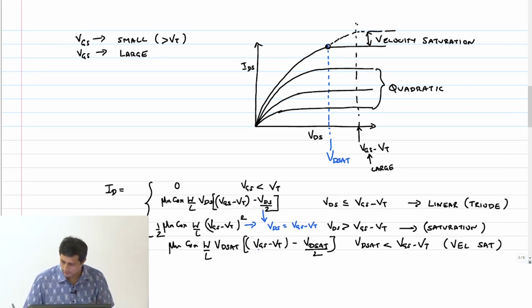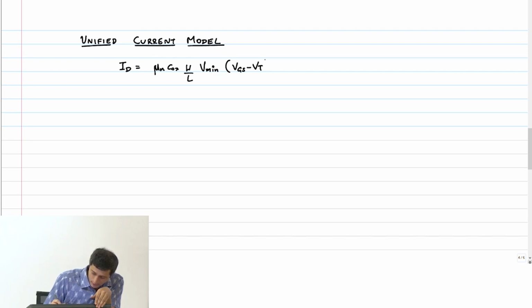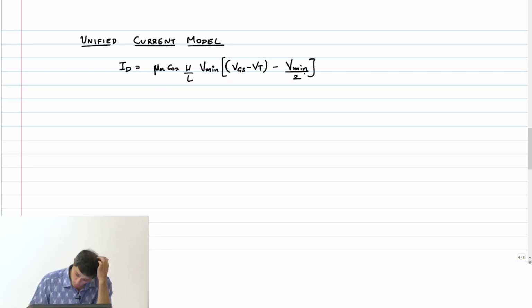Therefore the natural way to write this is mu n C aux W by L into V min into VGS minus VT minus V min by 2, and now I will incorporate even this channel length modulation straight away, into 1 plus lambda VDS.